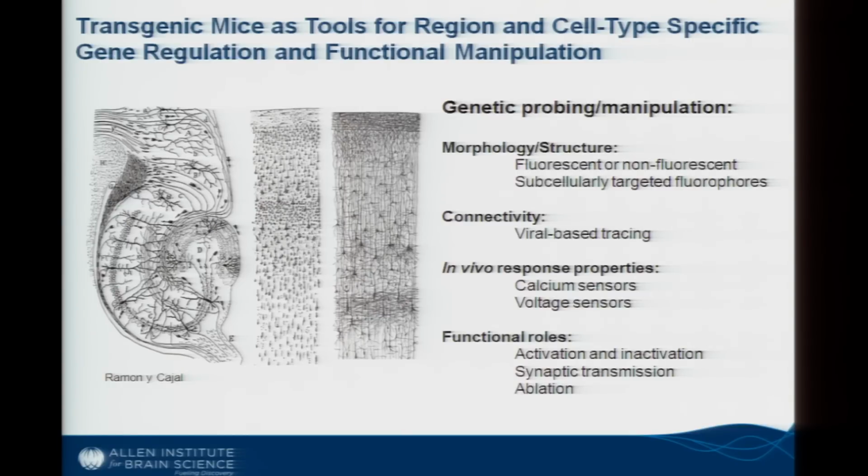You can look at the connectivity between different cell types using a combined genetic transgenic mice approach with a viral-based tracing approach. You can look at the in vivo response properties of different kinds of neurons using genetically encoded sensors, such as calcium sensors or voltage sensors. And finally, you can also manipulate the function of different cell types using activating and inactivating genetic tools.